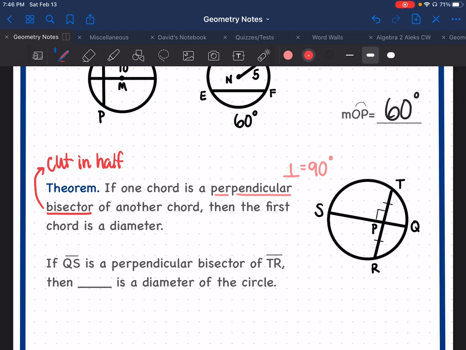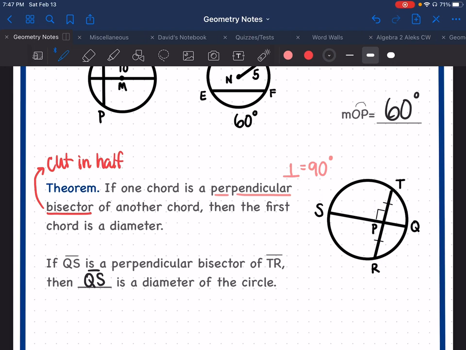So if one chord is a perpendicular bisector, notice we see our 90 degrees for perpendicular, and then we see our bisector by seeing that TP and RP are equal, then the first chord is a diameter. So take a look at our picture. If QS is a perpendicular bisector of TR, then that means that QS is a diameter of the circle.